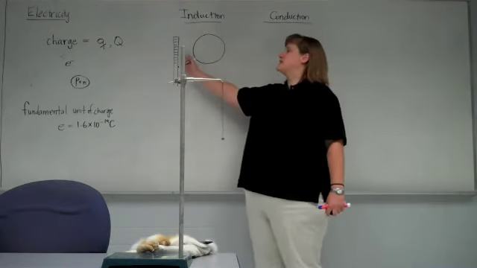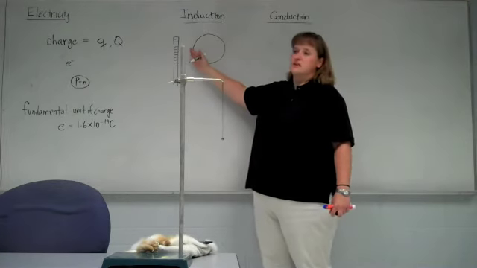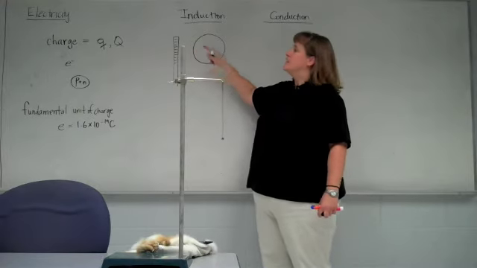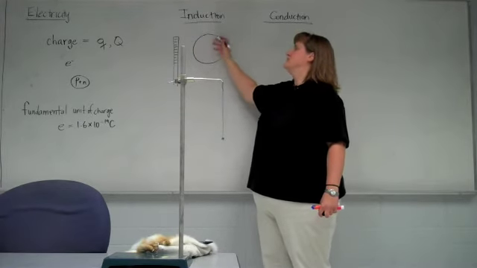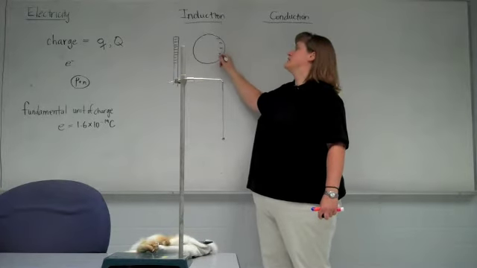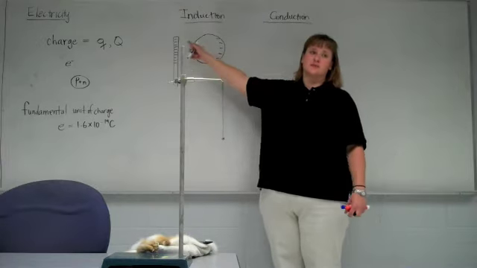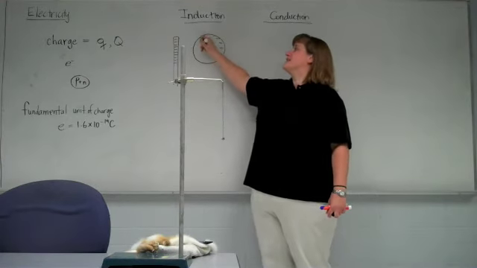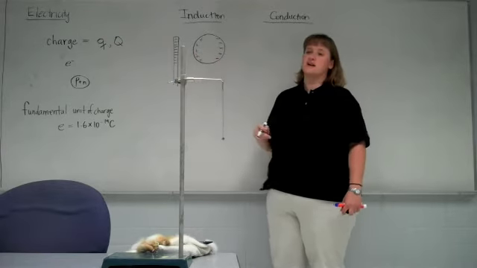As we bring this rod close, well, like charge is repelled. The electrons that were on this side of the ball move over here because they're trying to get away from the rod. That leaves a net positive charge on the other side.